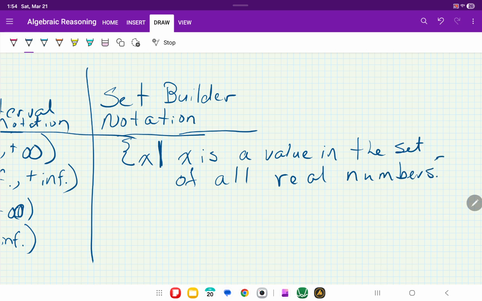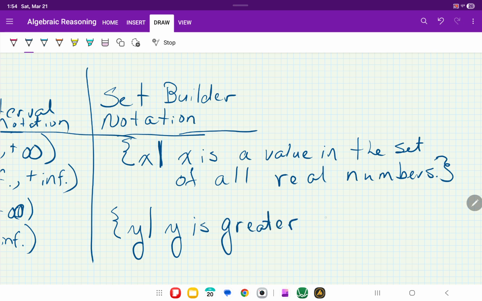Period, and then we use a curly brace to close it. And then again, curly brace to open for our range, y such that y is greater than 0.